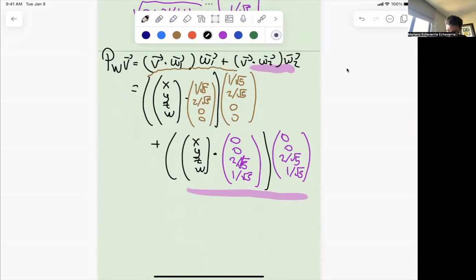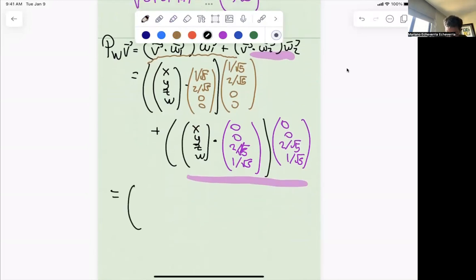It looks intimidating, but the dot products are not that bad. The first dot product gives you (x plus 2y)/√5, times (1/√5, 2/√5, 0, 0).